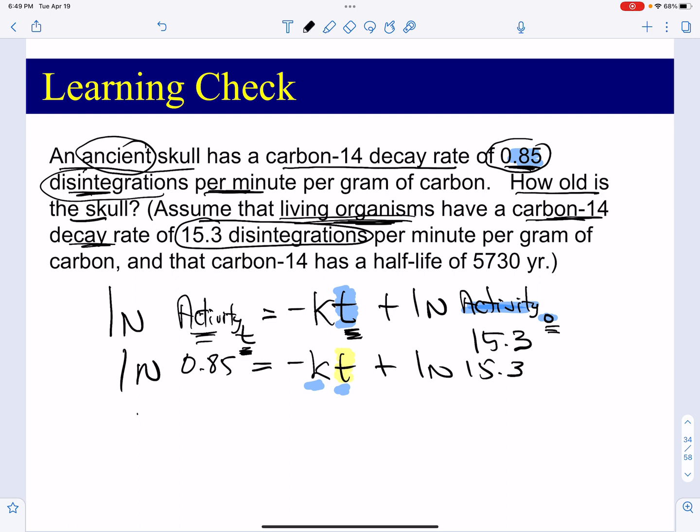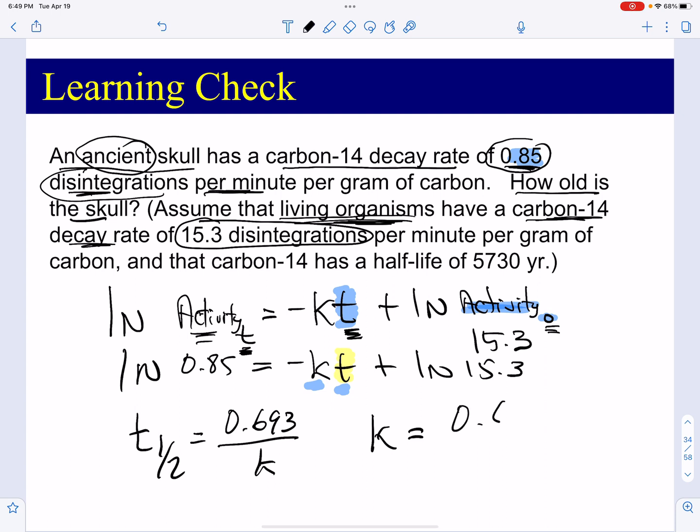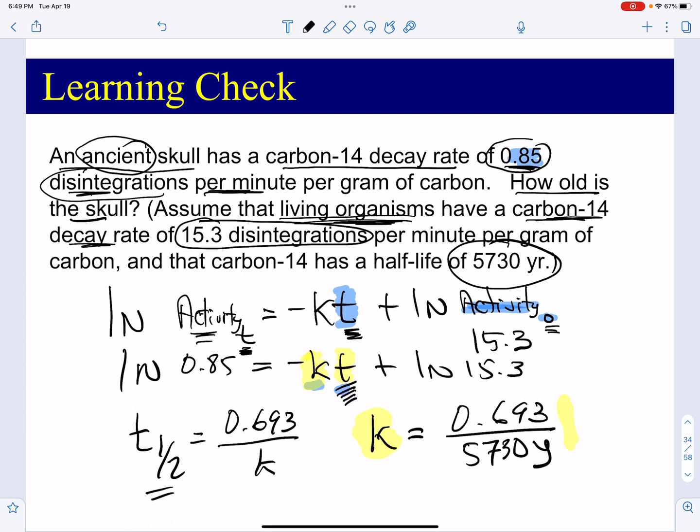Well, you know that the formula for half-life equals 0.693 over the rate constant. So the rate constant is going to be 0.693 over the half-life, and the half-life is 5730 years. This will allow you to do the calculation that gives you your rate constant, you plug it in here, and all you have to do is solve for the time, which you already know how to do because we did a lot of this in chapter 13 or 14, if I remember right.